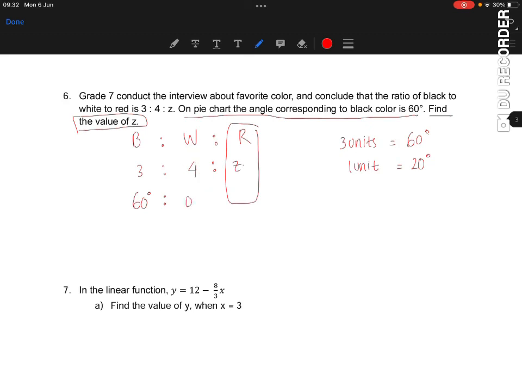If you want to find the Z, you just need to take 360, minus 60, minus 80. Since it is a pie chart, we still have 360 in the whole circle, right? Then you will have 220. So the Z here is equal to 220. Finish.